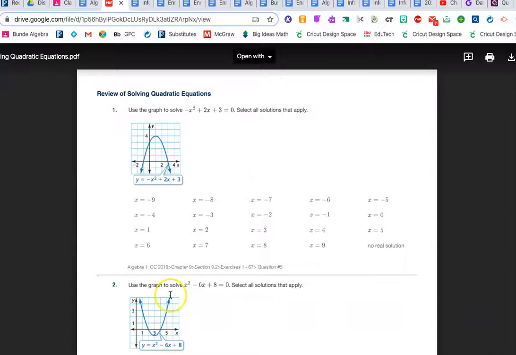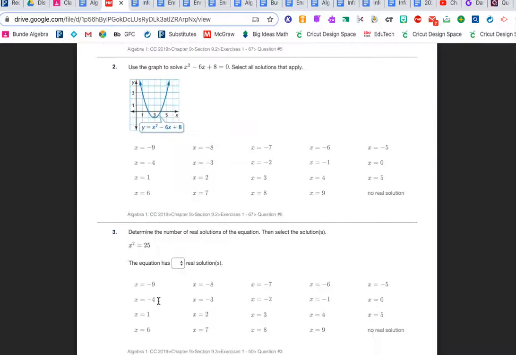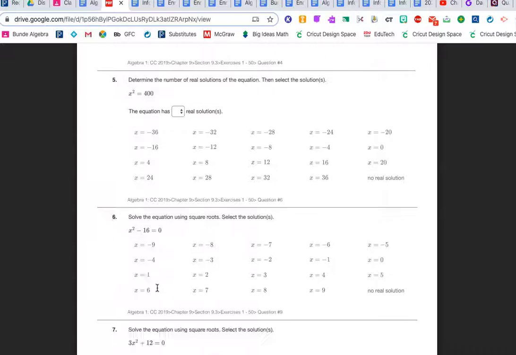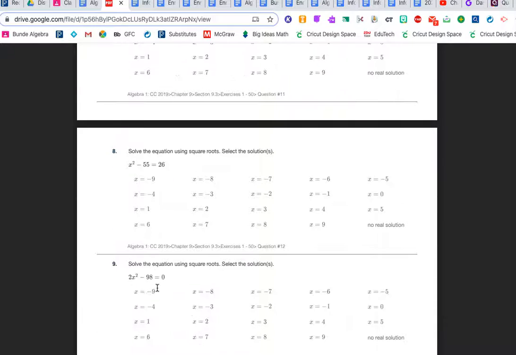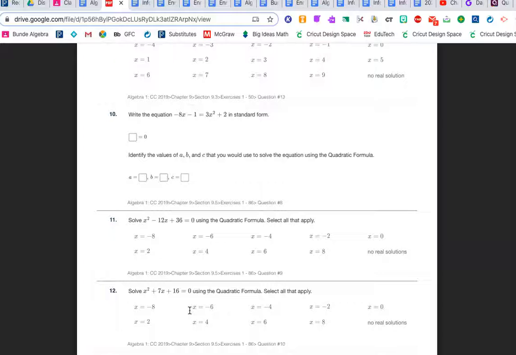So again, we did these problems together to start with. You're just finding what the zeros are. Solving by square root, more square roots. We love square roots. And then, oh, still some more square roots. We like those. Write the equation in standard form, then identify A, B, and C. You guys are rock stars at that.